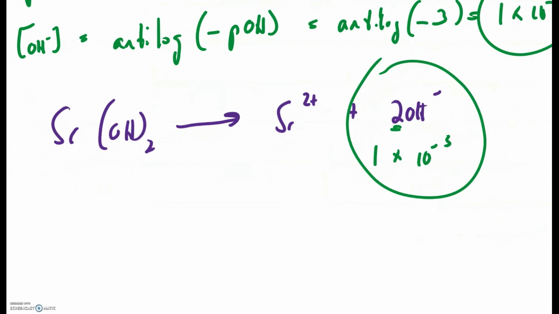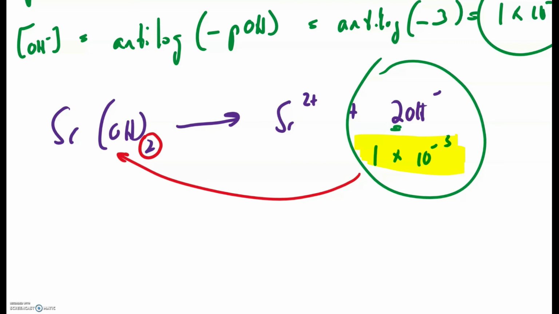What that means is whatever produced this concentration of OH minus was producing 2 hydroxides every time it dissociated. So we want to be careful because we're trying to find this. This is where we run into some complications.